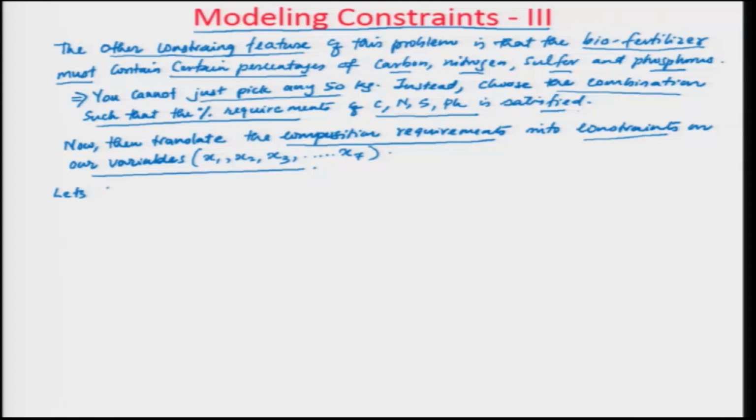So what we do is, let's first focus on the 0.5 percentage to 1.25 percentage carbon composition. Okay. So first we are going to focus on the carbon composition constraint.